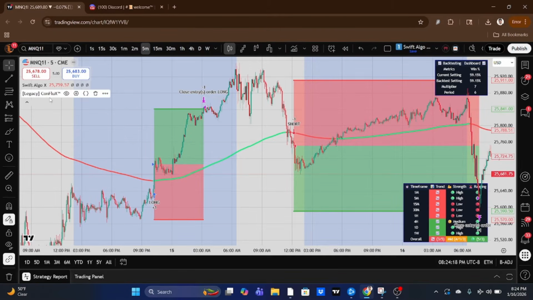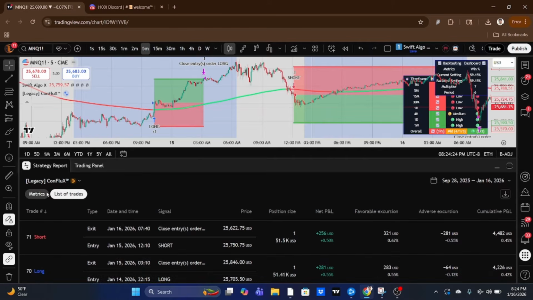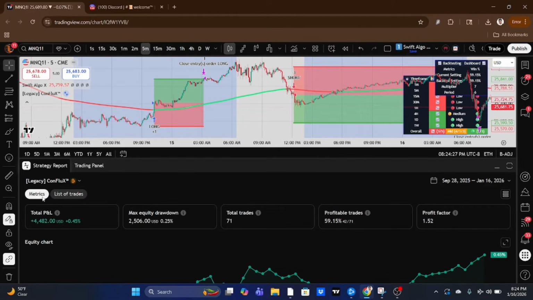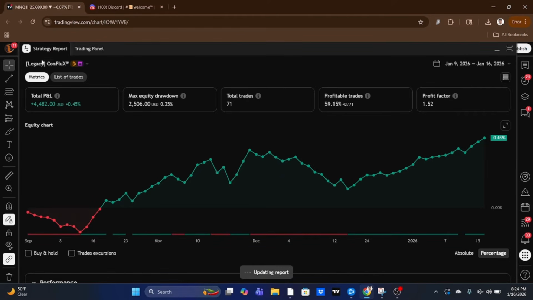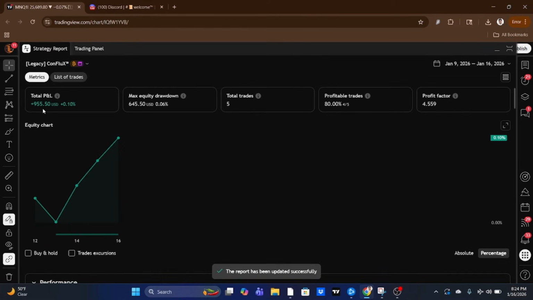Okay? That's one benefit. Second benefit is you do have access to this strategy report. So you can actually see how it has been performing. So you see last 7 days on one contract of MNQ was 900, 600 drawdown, 5 trades, it won 4 out of those 5 trades.